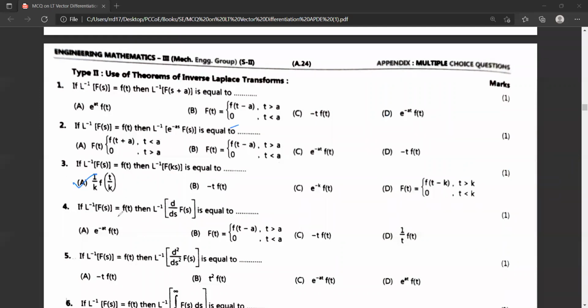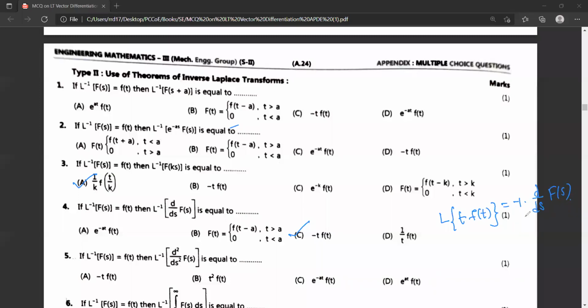Now this one next. So what is this equal to? L inverse of derivative of f of s is equal to minus t times f of t. Because you know that if you multiply by t, what do you get? L of t f of t is equal to -1 into derivative of f of s.